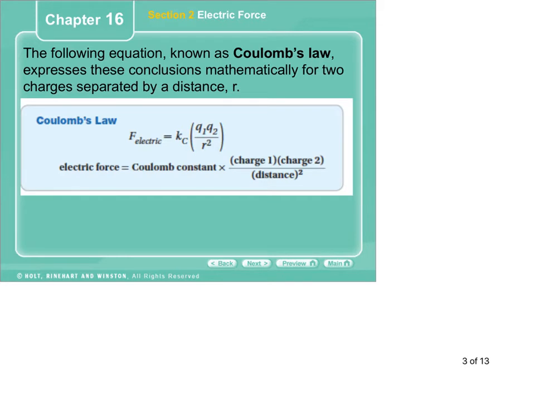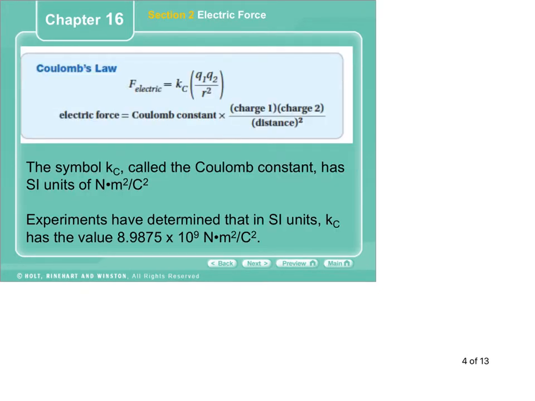Formulas we picked up last time you should already have written in your notes. If you didn't, get them written down now. We got Coulomb's law. That's our formula here. And with Coulomb's law, we had our value for our Kc. We're going to need that.